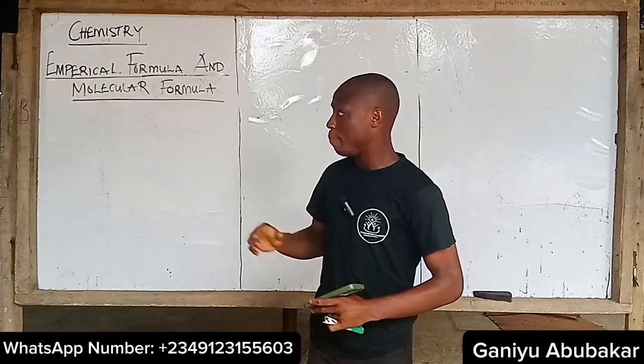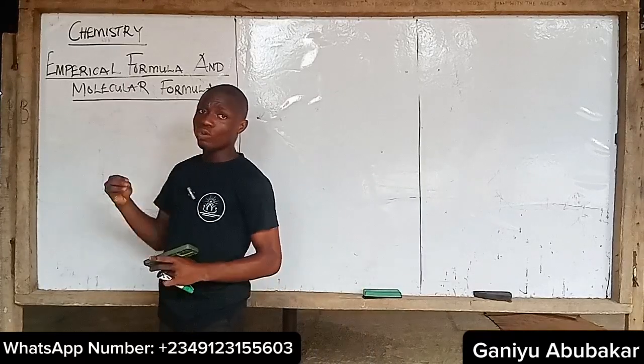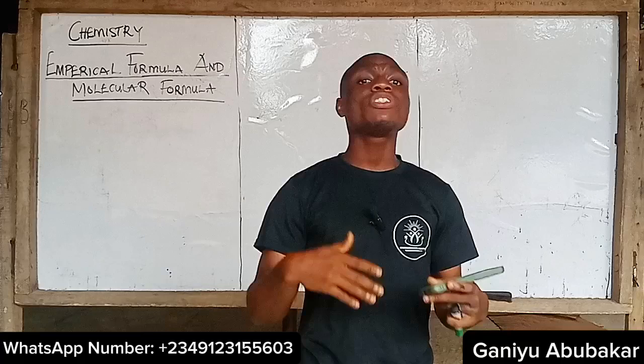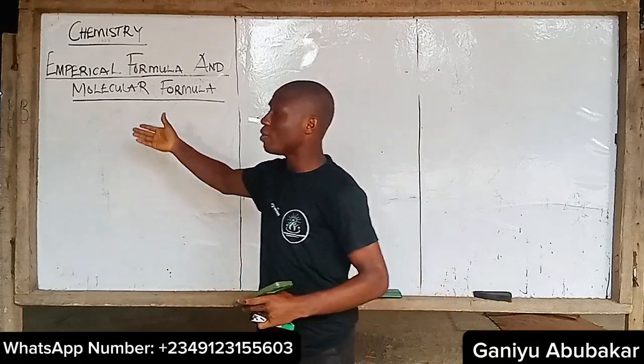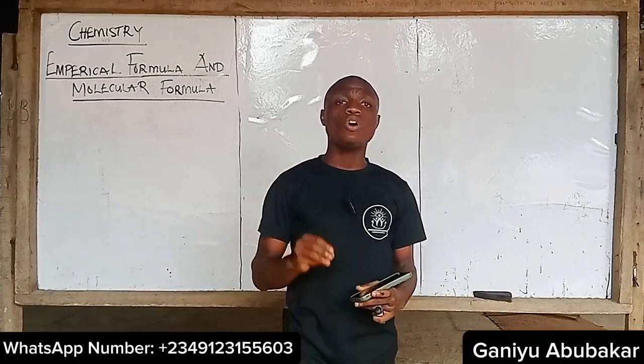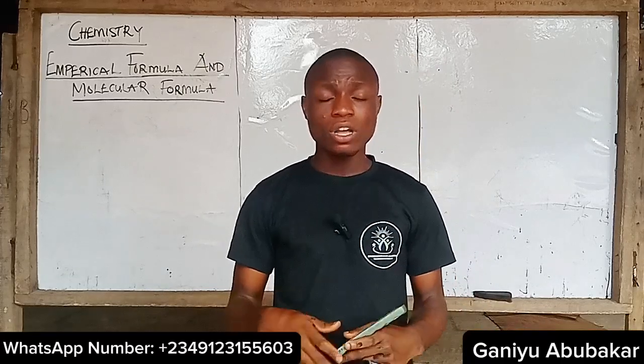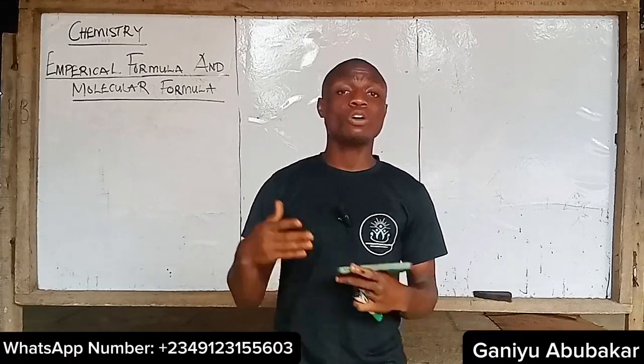So note that empirical formula gives the whole number ratio of the component elements. Second thing to note is that molecular formula gives the actual number of atoms present in a component element, right? Or perhaps present in a substance.